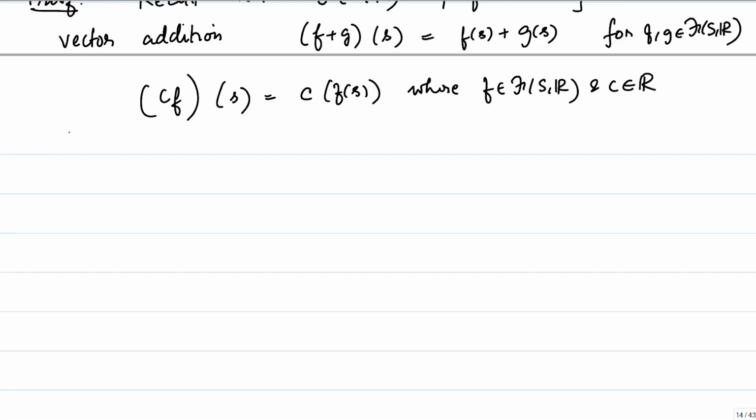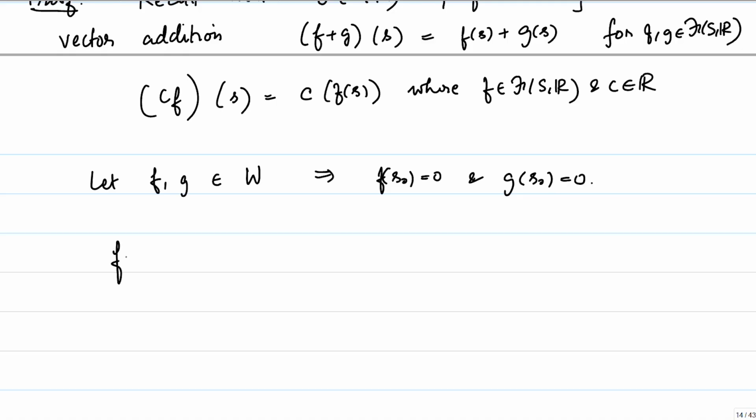Again, like in the previous problem, we just have to show that W is closed under vector addition and scalar multiplication, but that is quite straightforward. So let f comma g be in capital W. This implies that f of s naught is 0 and g of s naught is 0. Now let's look at the vector addition f plus g and look at what is the value at s naught.